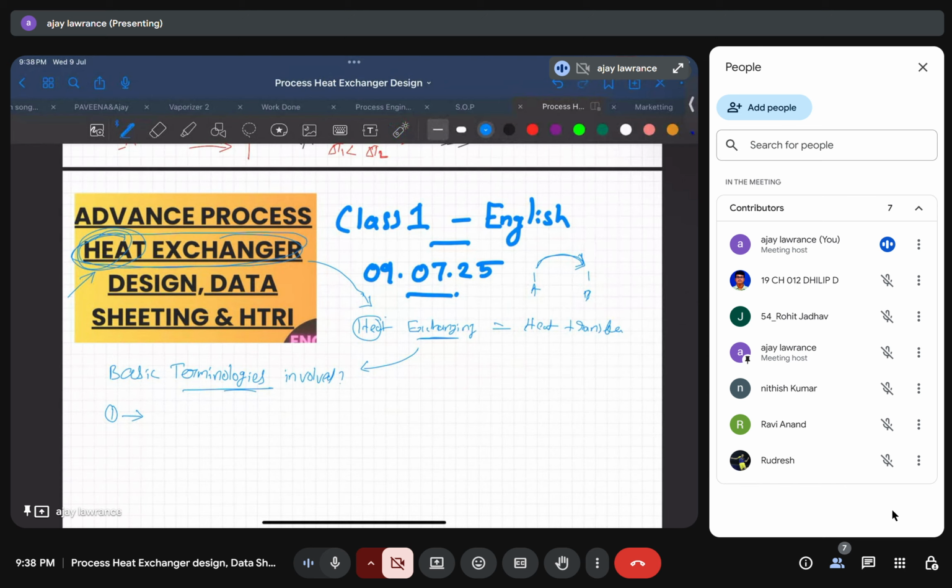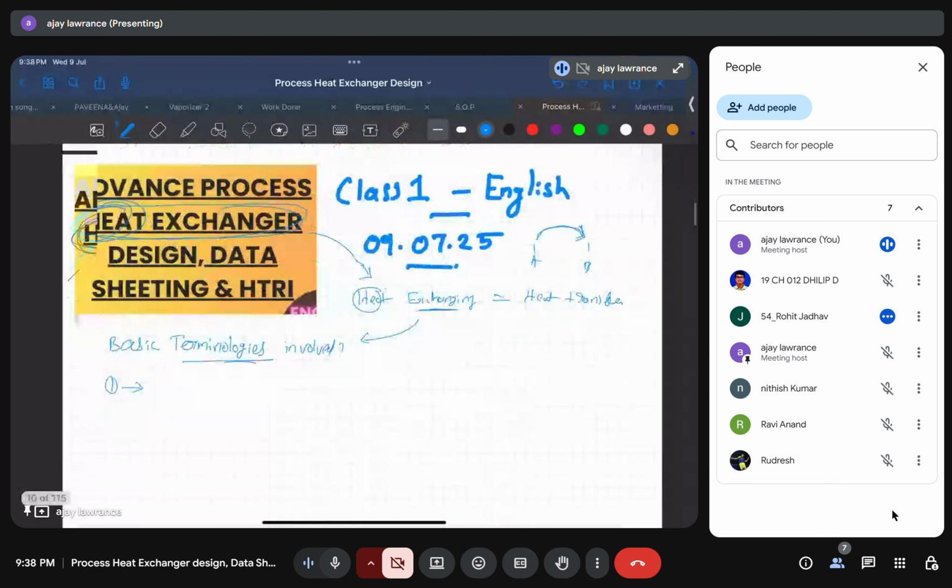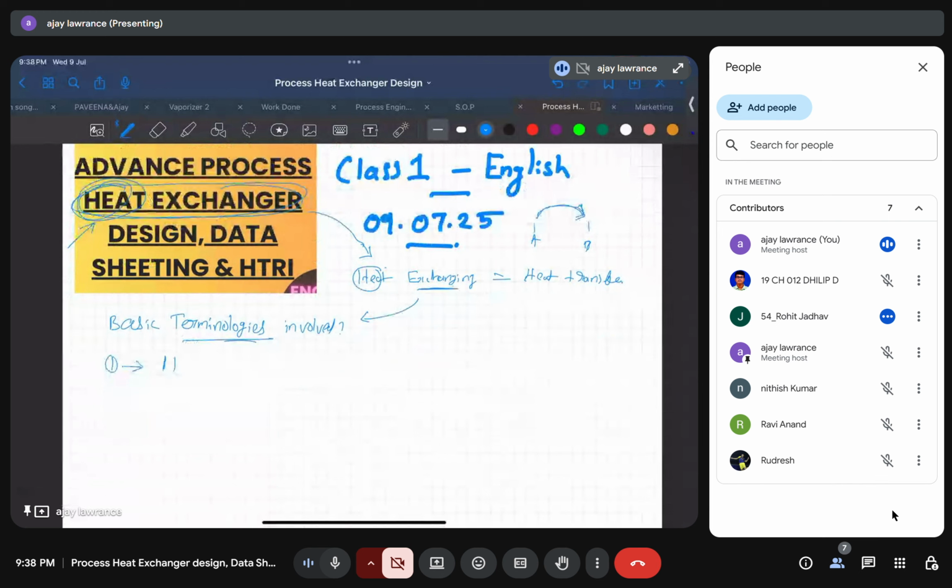Any answer? Let me write one thing. For the heat transfer to occur, you should know what is meant by heat, right? Any other basic things that are involved? Delta T, Ravi Anand is saying. Delta T is nothing but temperature difference. Yes, right. Heat transfer coefficient, great.